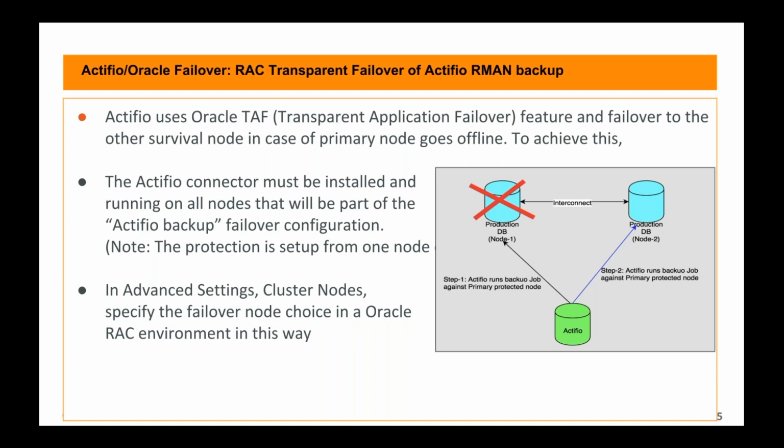And there is a setting in advanced settings, the failover node choice advanced setting option. When you're protecting node 1 and running a backup, and if node 1 is down for some reason when you start the backup, it is going to fail over to node 2 and continue the backup. In the next slide, you can see the corresponding advanced setting option. Here is the option we provide in the application advanced settings.